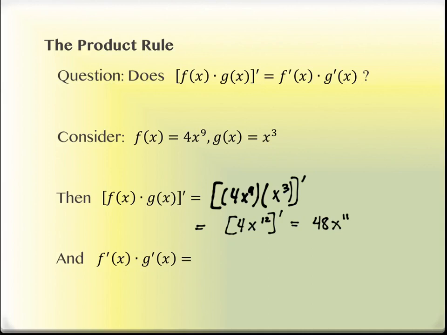So what we want to find out is, if they weren't able to collapse together and I couldn't do the simplification and then take the derivative, is it possible to just take the derivative of each of the pieces and then multiply those together? We're going to try that next. We take the derivative of f of x, so f prime of x. What's the derivative of 4x to the 9th? 36x to the 8th.